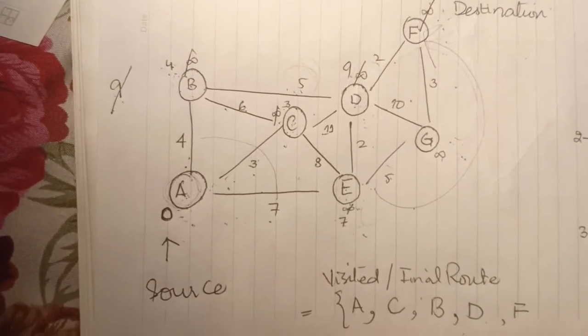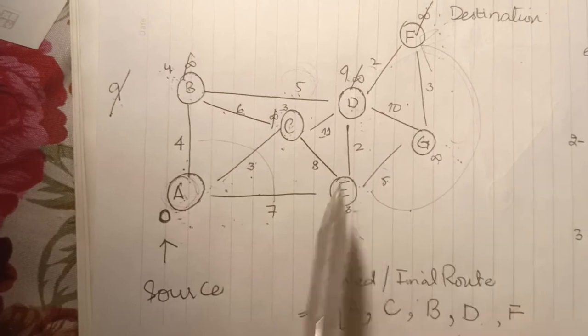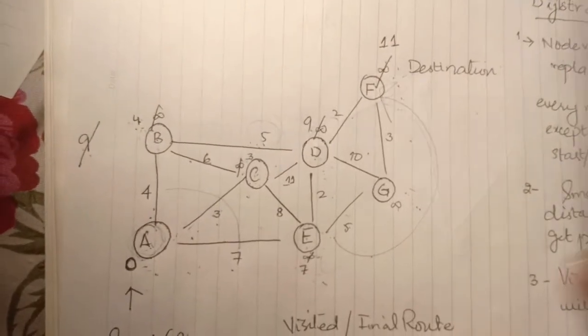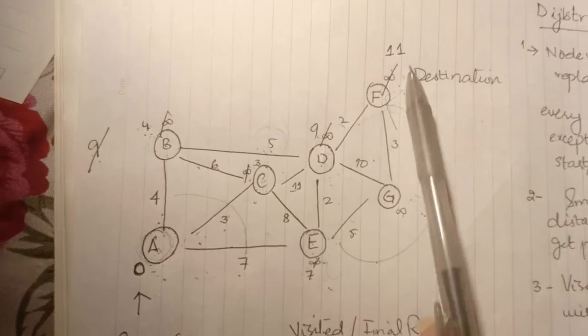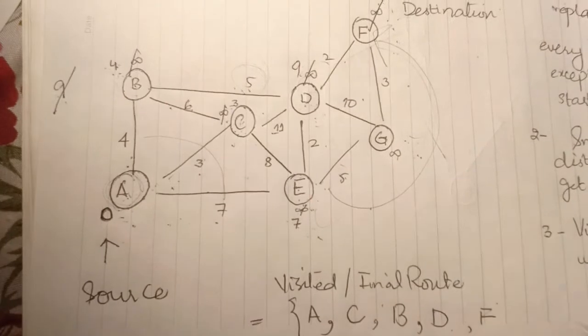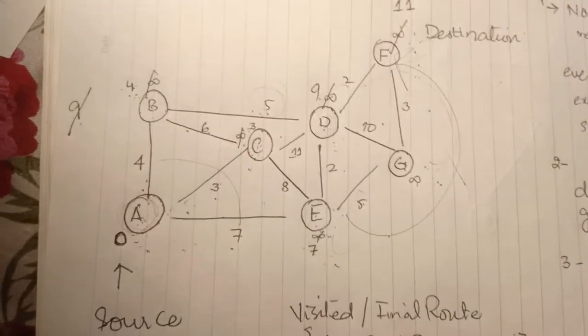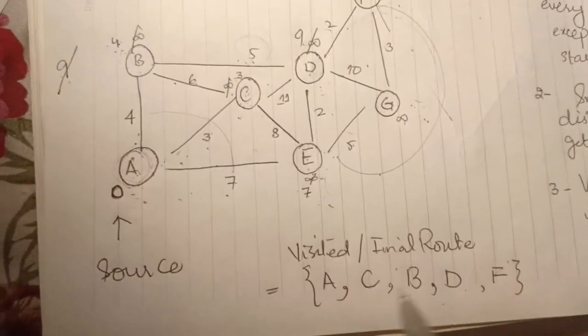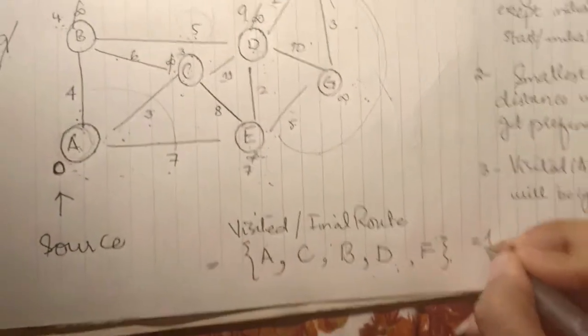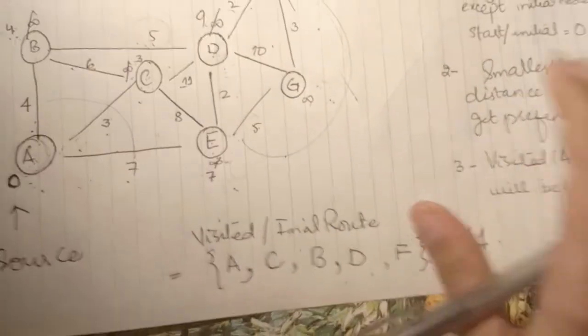Let's suppose someone does it anyway, then you need to compare which path has the smallest value and stop there. So our visited and final route was A to C, B, D and F, and our cost is 11. Cost is just like a fare.